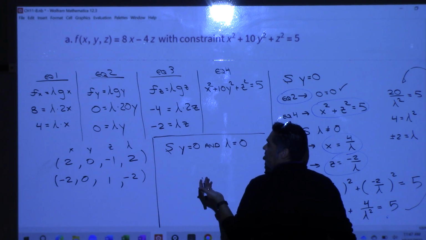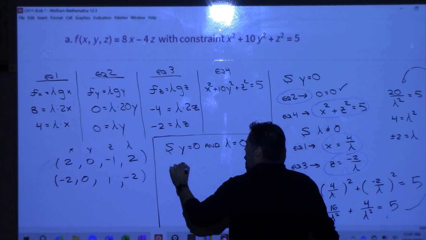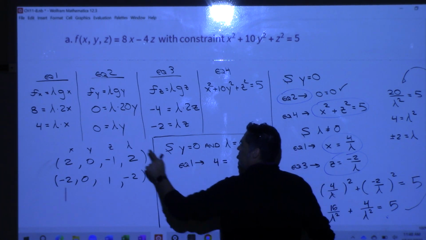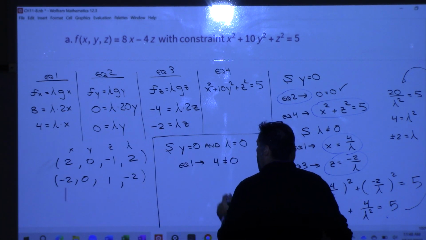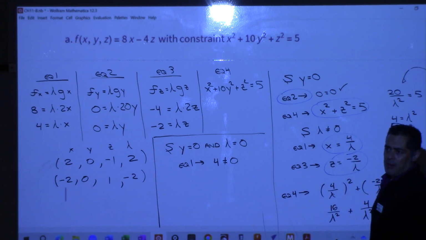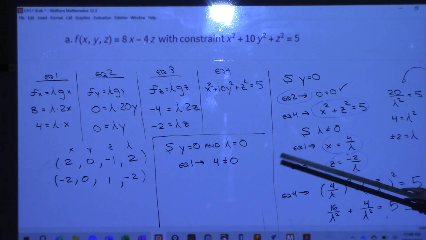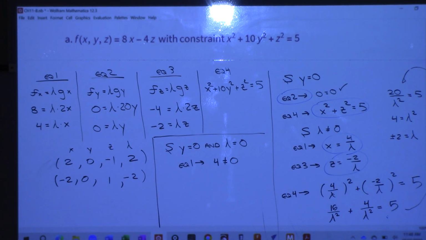We have a problem, don't we? Equation 1 becomes 4 equals 0, and that's no good. So that can't work, right? So we're not going to need to look at that anymore. So what I was trying to do is say, if y is 0 and lambda is not 0, I do need to look at y is 0 and lambda is 0. And when I did that, nothing good comes of it.